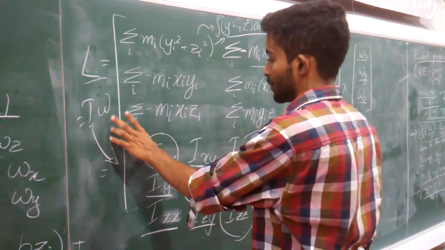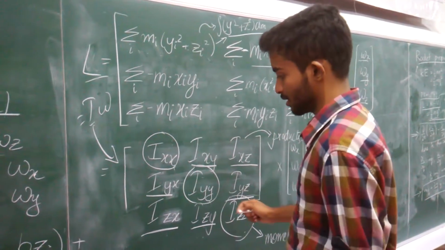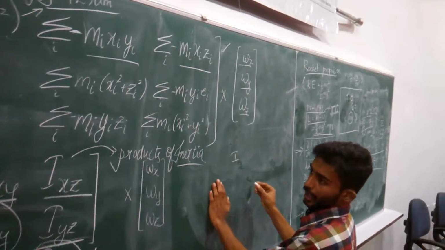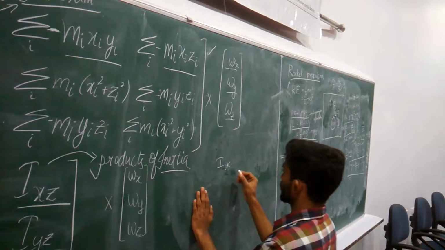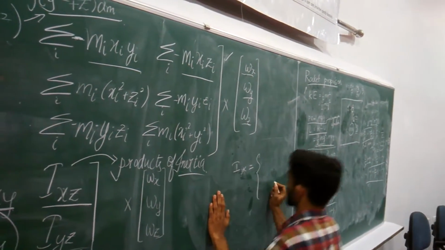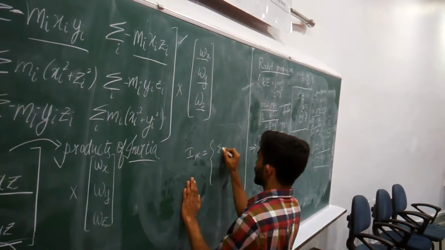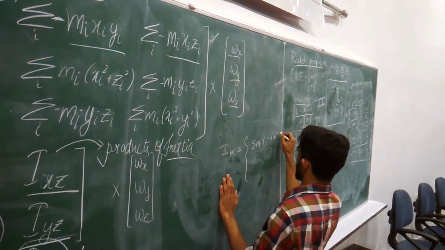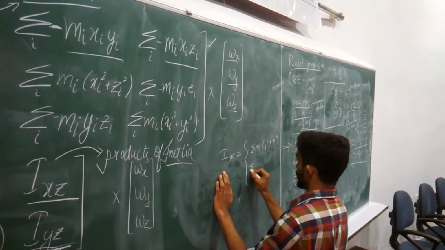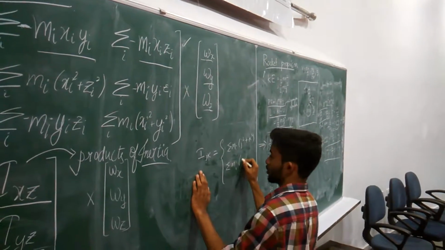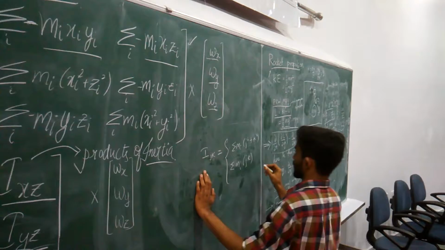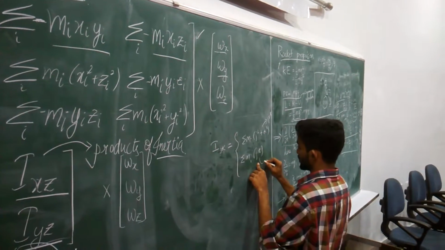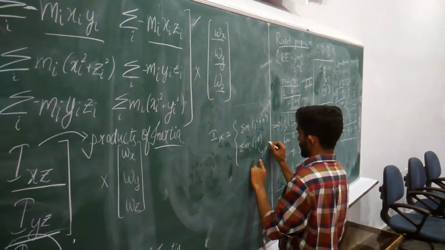So from comparing these two matrices, we can see that Ijk = sum of mi (j² + k²) when j is equal to k, and Ijk = -sum of mi j k when j is not equal to k.